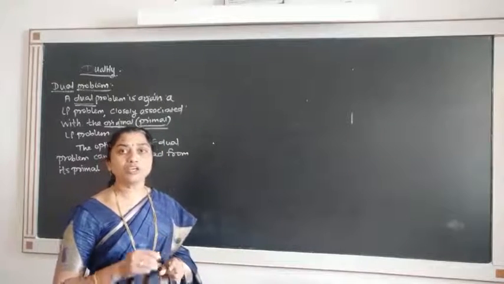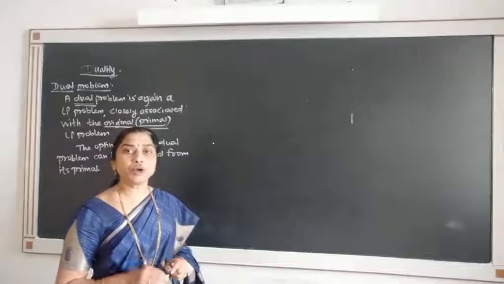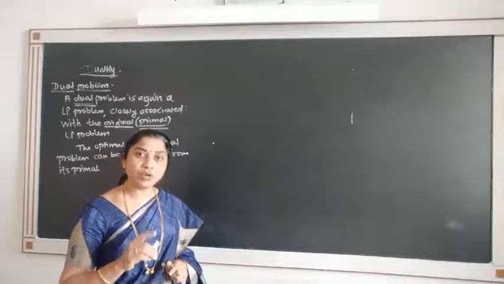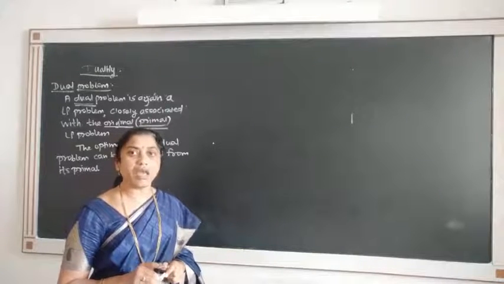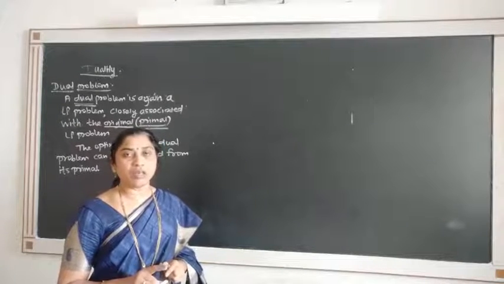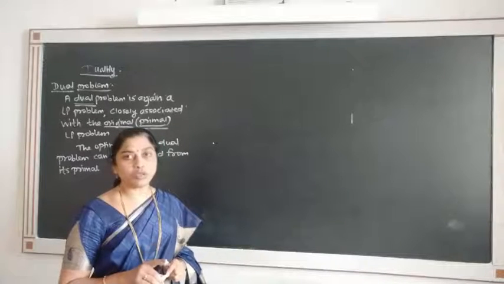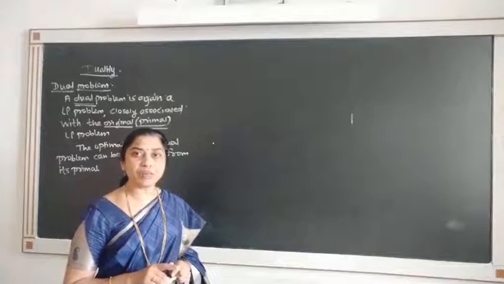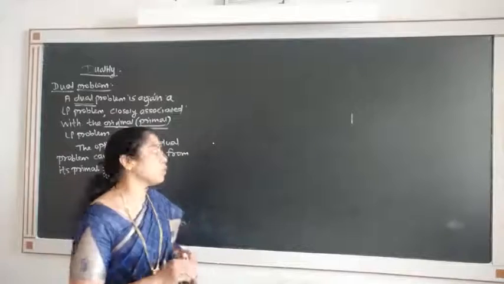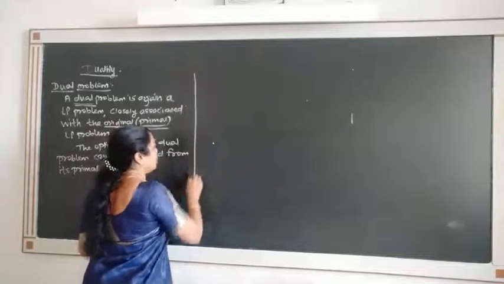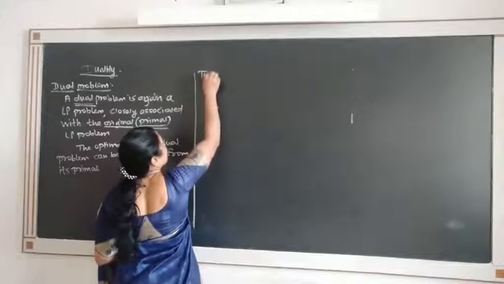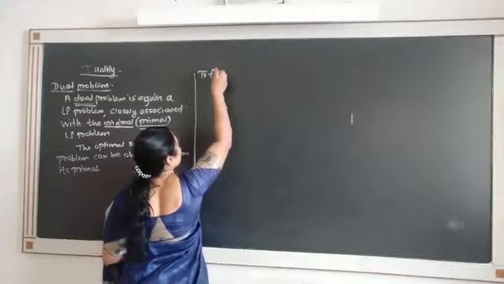Now to find the dual of a given problem, the original problem should be in equation form with the RHS non-negative and all decision variables greater than or equal to 0. So consider the original LP problem.